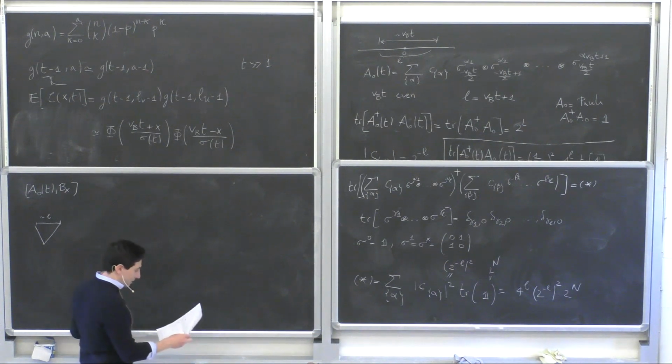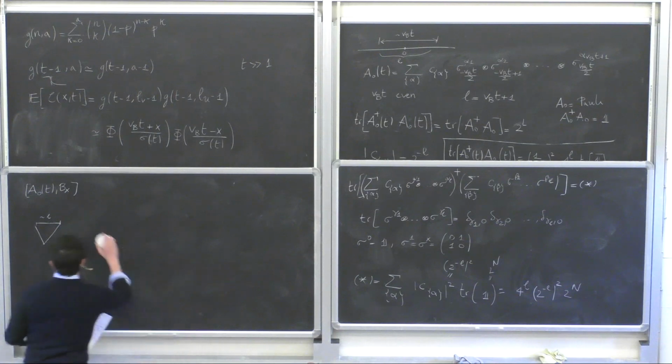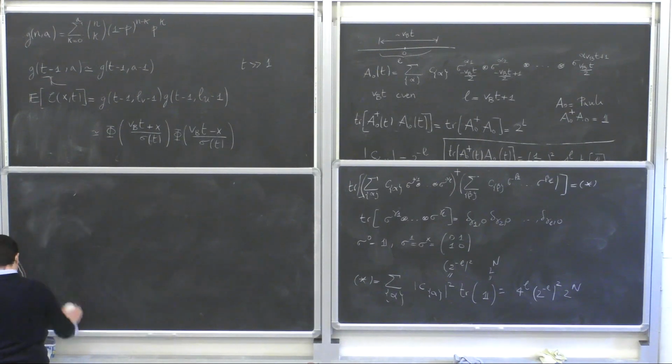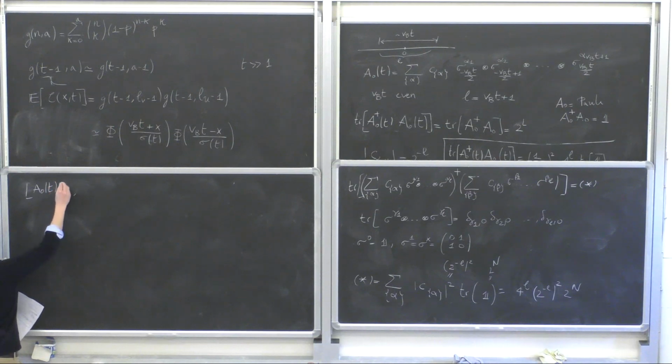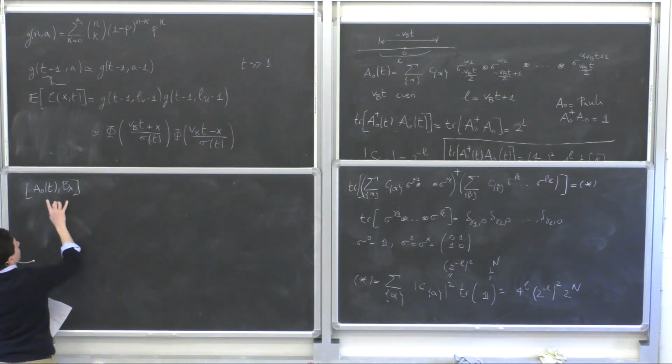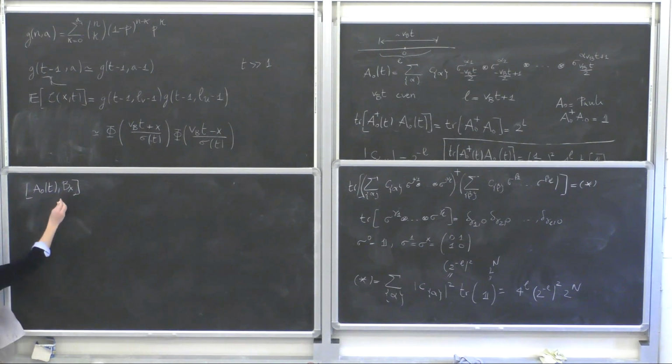Okay, so now we evaluate this. We want to evaluate this where Bx is some Pauli matrix at position x.